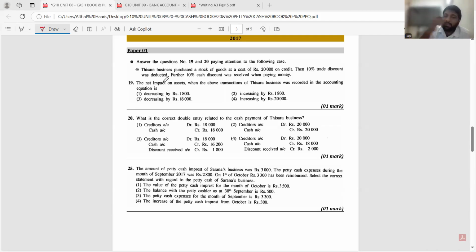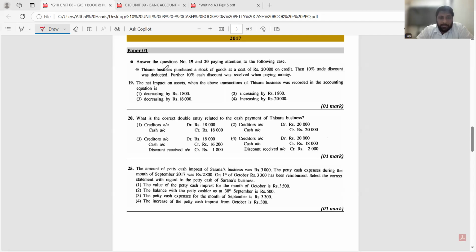So Lama, you might think this is a question connected with the accounting equation. No, Lama. Actually, you are studying the discount part when you are doing the cash book. That's why I removed this question from the accounting equation. I put it here because you studied the discount part in the cash book. Since you know the accounting equation, you will be able to do this easily.